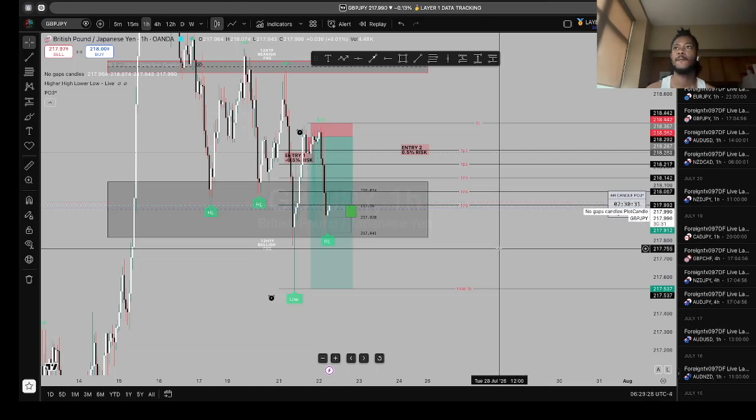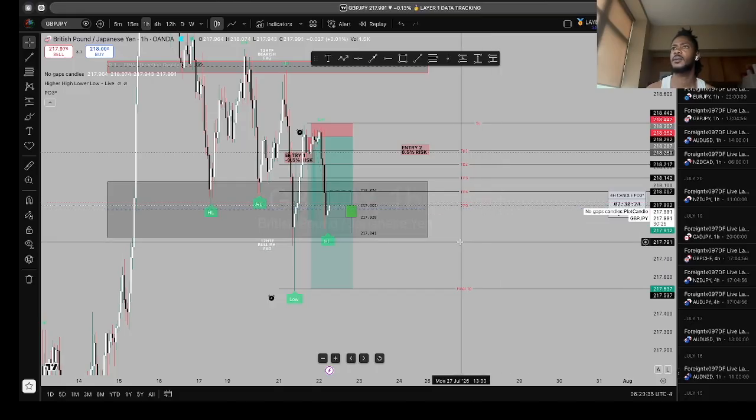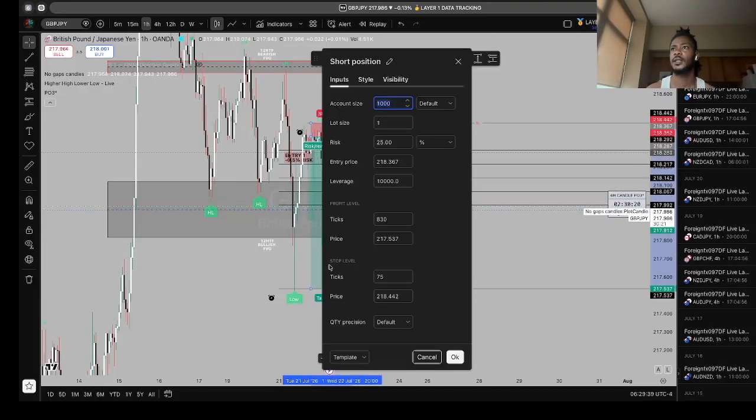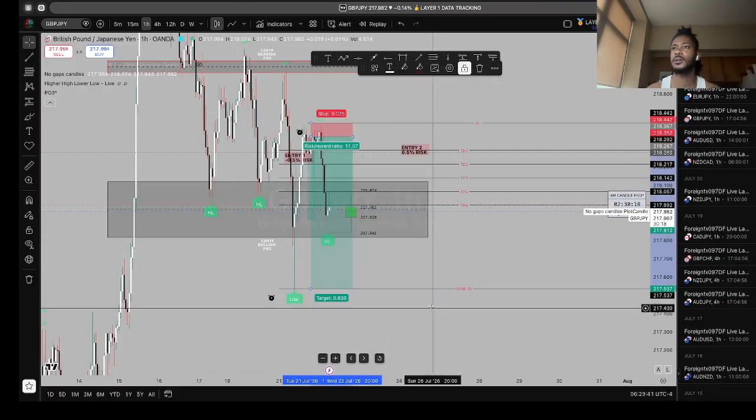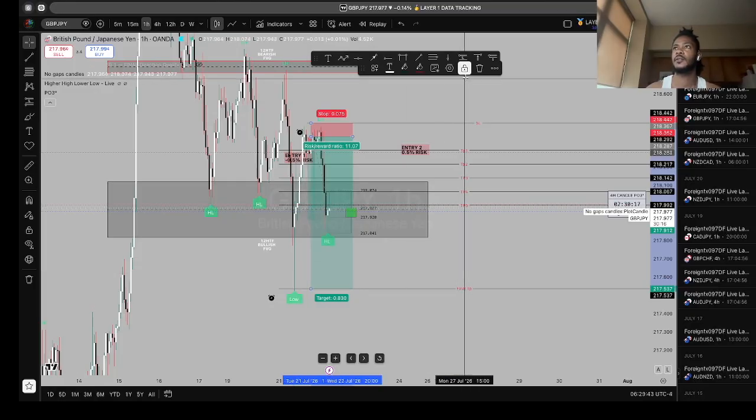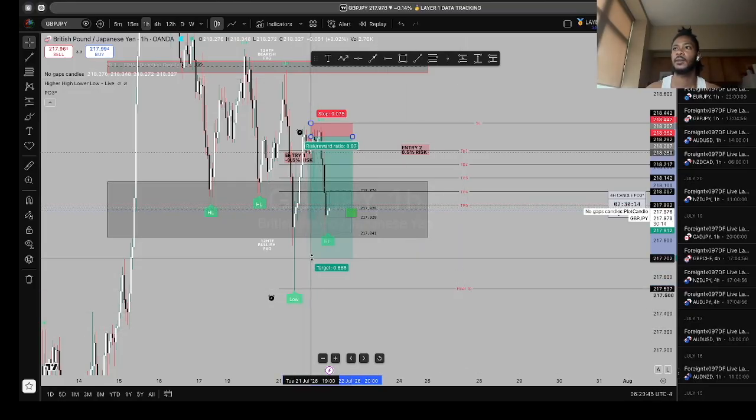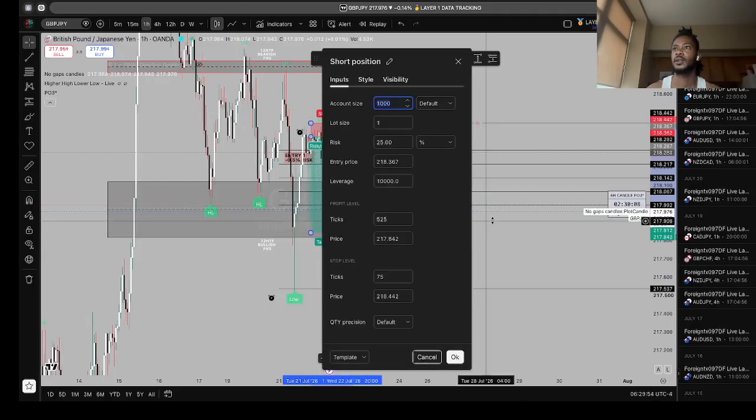Price is trading below it. So I think we were at 7R where I should start trailing stop. So let's fix that up. We look for, yeah, what was at that 7R? So 7R is right there.